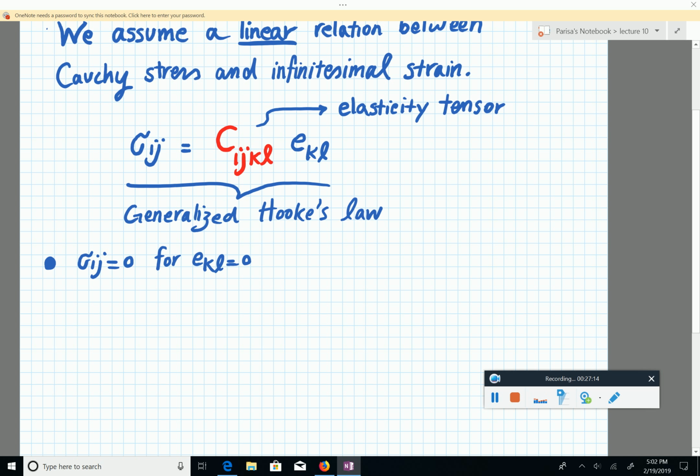So a lot of materials, you have some sort of residual stress in them. So your reference configuration is not really stress-free. But this theory, if you don't have any stress, you cannot have any strain. So this theory is not explaining everything you have in reality. I just want to make a distinction between the limitations of the theory and what you have in reality.